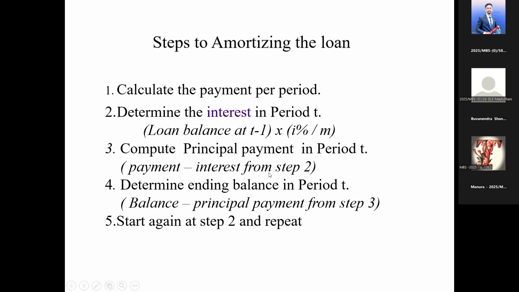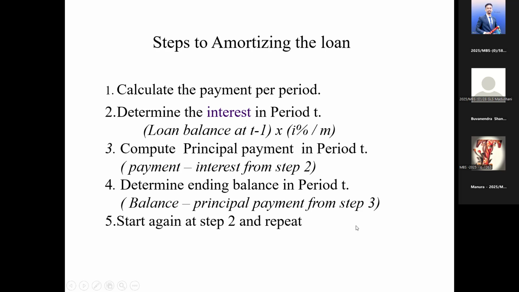At the end of period T, after deducting the principal, you get your balance to settle to the bank. You repeat this until you settle your loan. These are the steps followed in the amortization schedule of what we are paying to the banks.